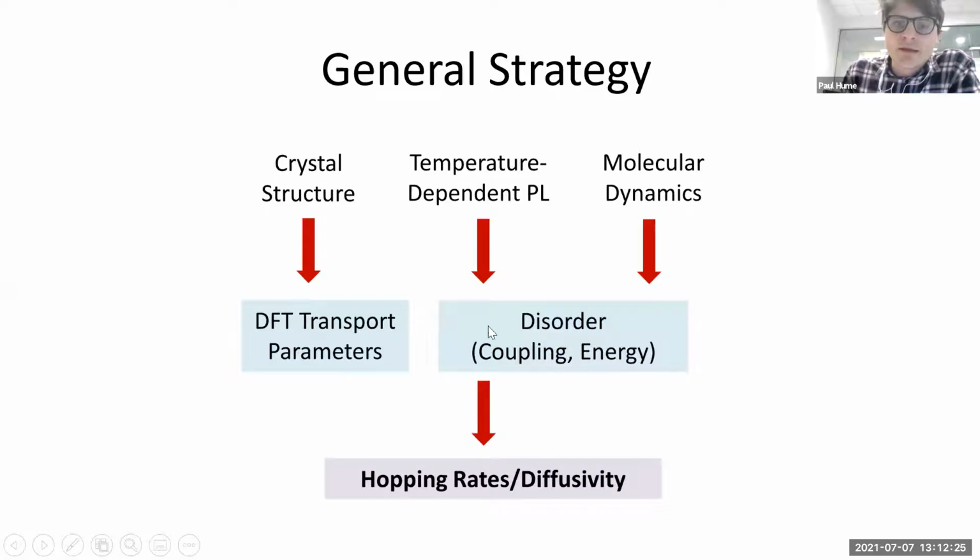That gives you all the parameters you need to calculate the rates of energy transfer. You can feed them into a giant Monte Carlo simulation and calculate your diffusion lengths by starting an exciton off in the middle of a giant supercell and letting it wander, then doing it again and again, and averaging the results.